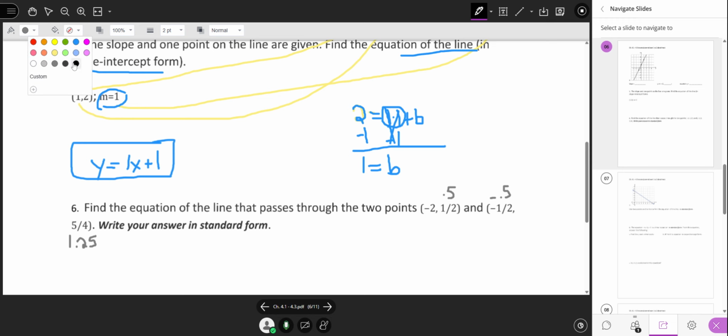Then, remember I said label them. x1, y1, x2, y2.